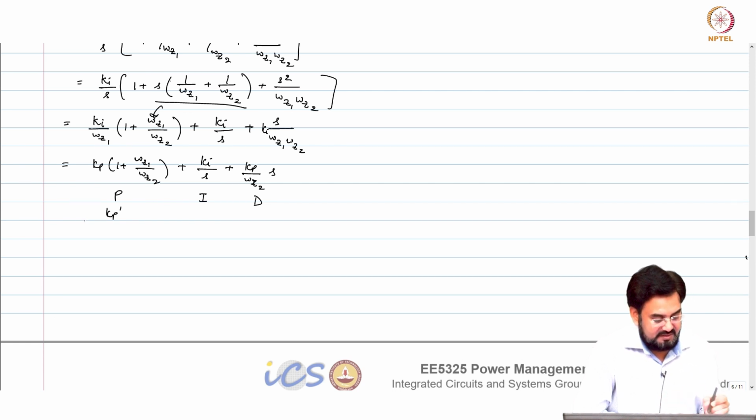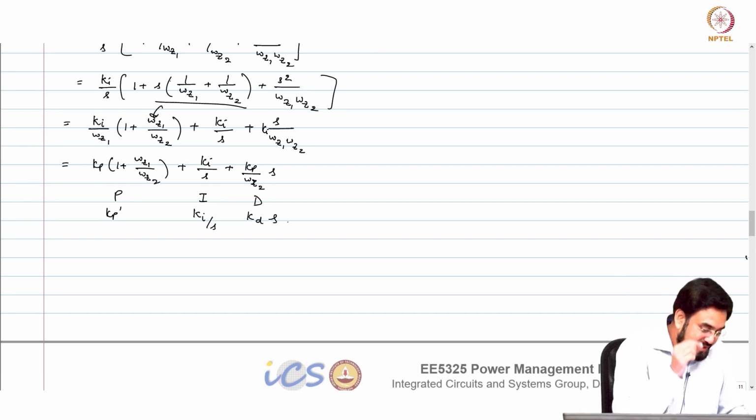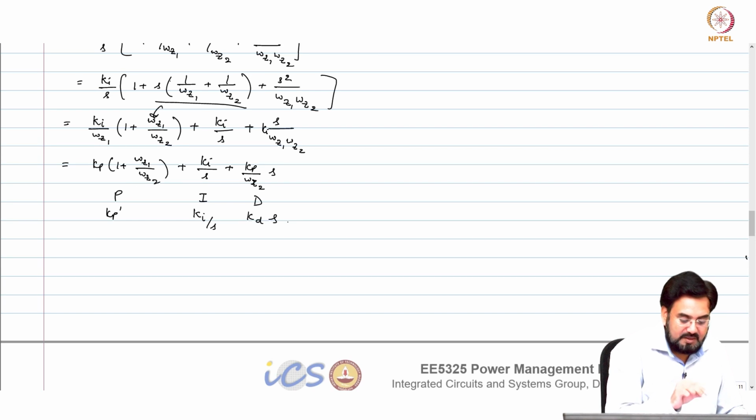So some people define it as Ki and Kd, the coefficients. Okay, so Ki over S I can call it, and Kd into S, and that is what they do, like you choose appropriate Kp, Ki, Kd and compensate your circuit.